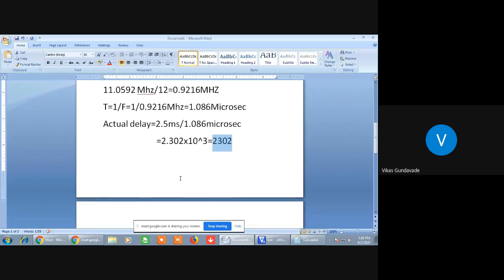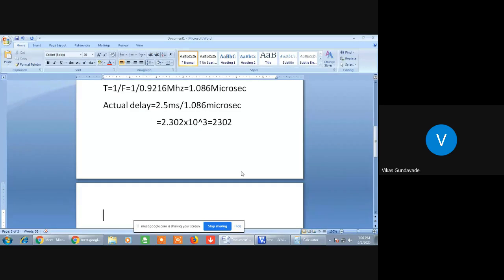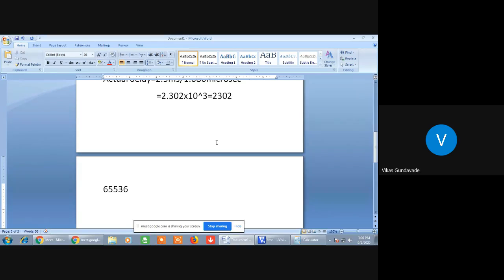Okay. Now, from this time count, we need to subtract this count from 65536. Why is it 65536? Because the maximum count is 65535, so we do 65535 minus the count 2302 plus 1. That plus 1 we have already added here.